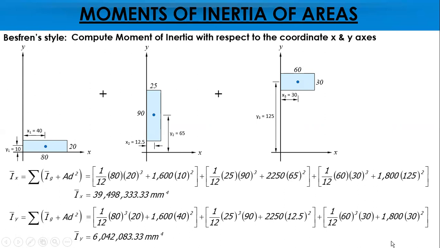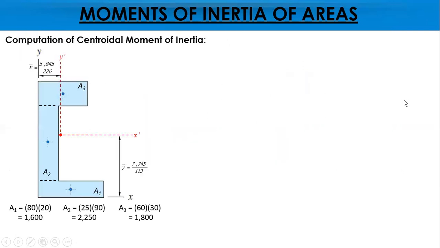Now, after solving for the coordinate axis, you proceed to the whole area. This is the centroid of the whole area. Our objective is to get the value of I with respect to x prime and y prime.